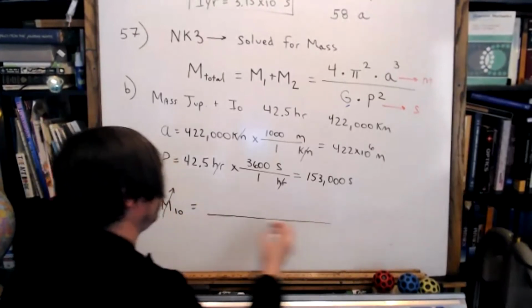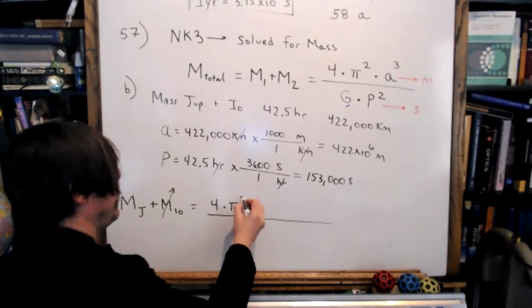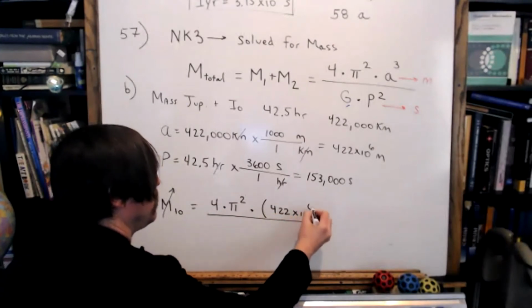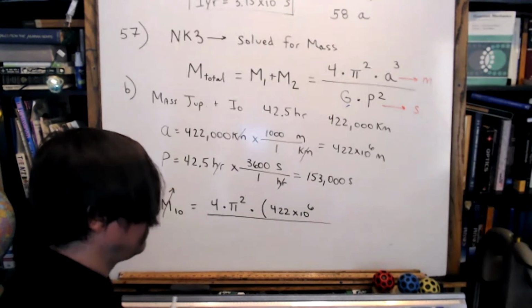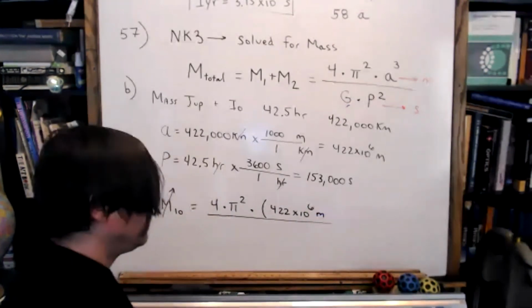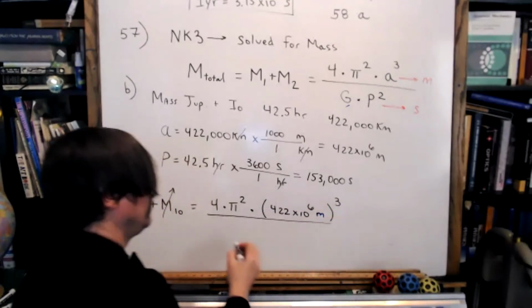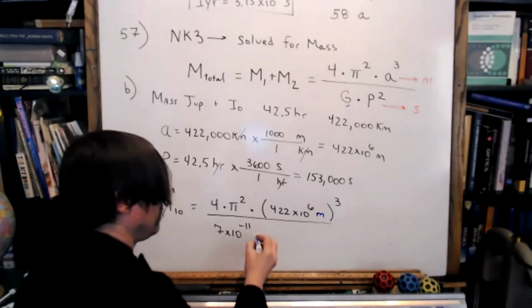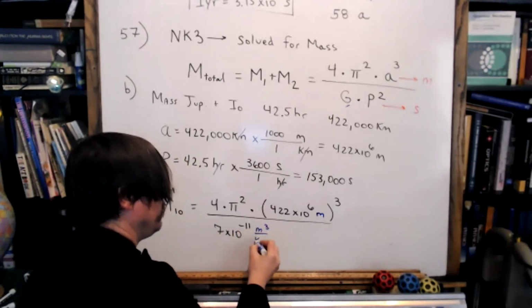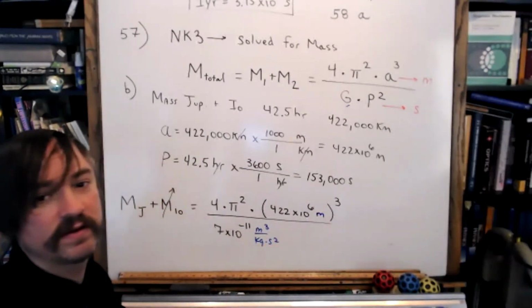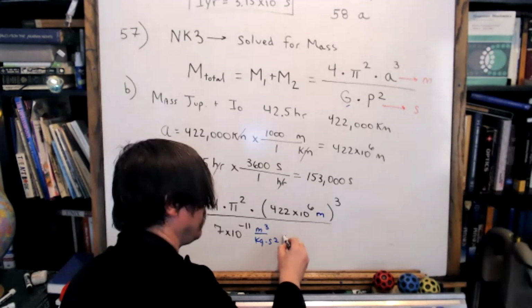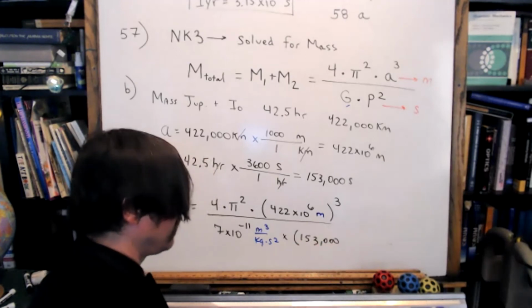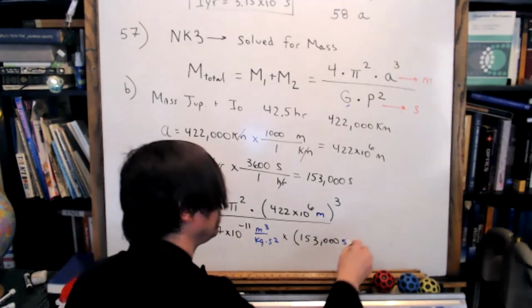And that's equal to 4 times pi squared times 422 million meters cubed, divided by 7 times 10 to the negative 11 meters cubed per kilogram per second squared, divided by 153,000 seconds squared.